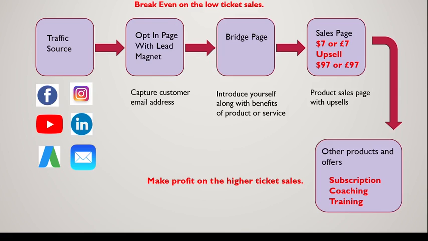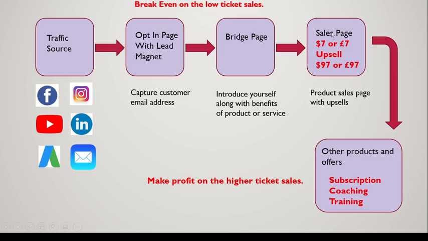So here's a bit more of an example. Going back, you get the traffic source, be that Facebook or YouTube. You capture email addresses with an opt-in page, with a lead magnet like a free report. That goes to a bridge page where you introduce yourself and the benefits of the product you're promoting.